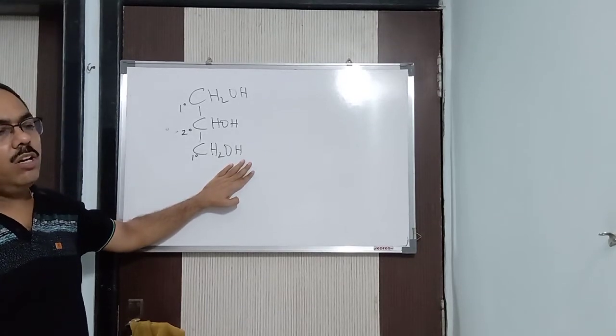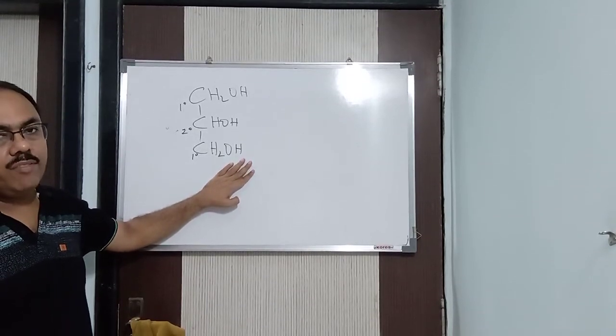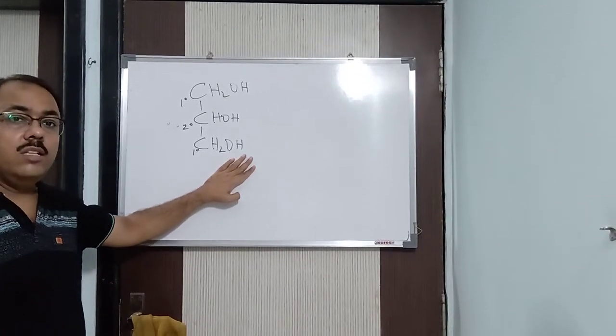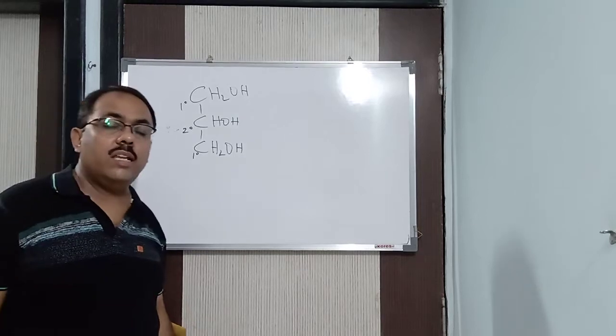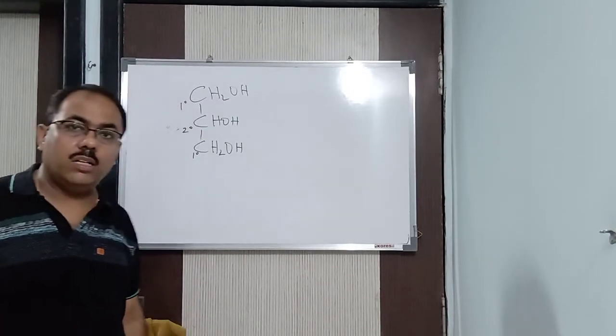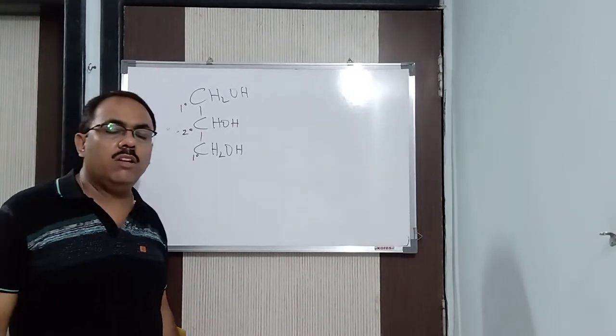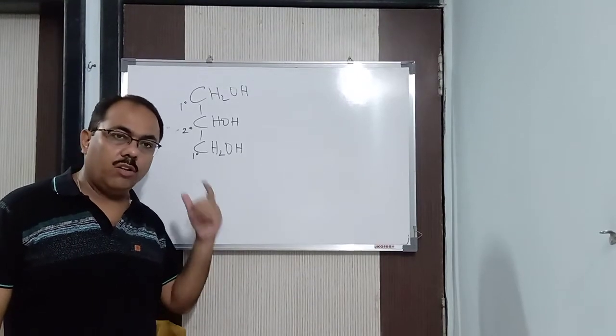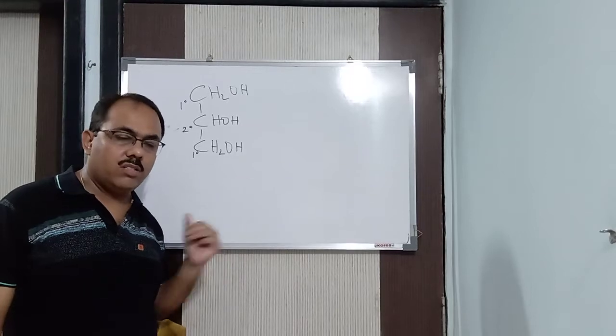Next, glycerol, due to the presence of 3 OH groups, has a high boiling point and is highly soluble in water. So you will find glycerol is highly soluble in polar solvents like water. It is not soluble in non-polar solvents like ether, toluene, benzene or kerosene.